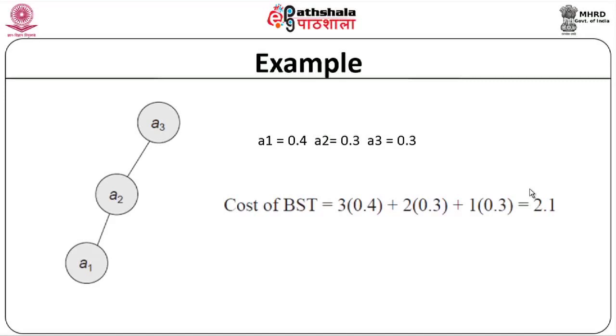Suppose I construct it like this, can I associate a metric for this particular construction? I can do that, and let us assume that a cost metric is assigned for this particular tree construction. The cost of the BST is computed by multiplying the level and the probability of occurrence.